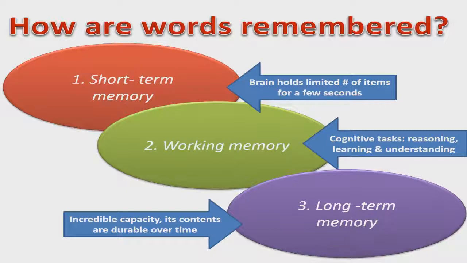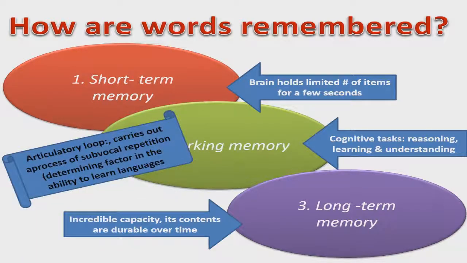There is an important part of working memory that is called the articulatory loop. It is a process of subvocal repetition, and it works similar to an audio tape going round and round, so we can play it as many times as we want to examine it.